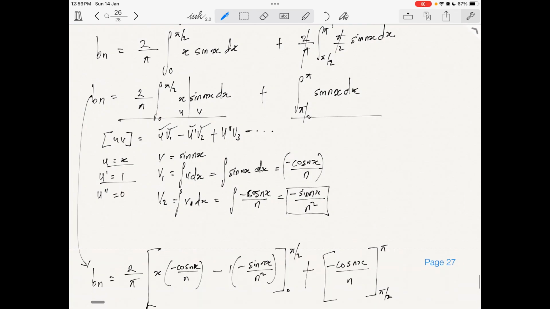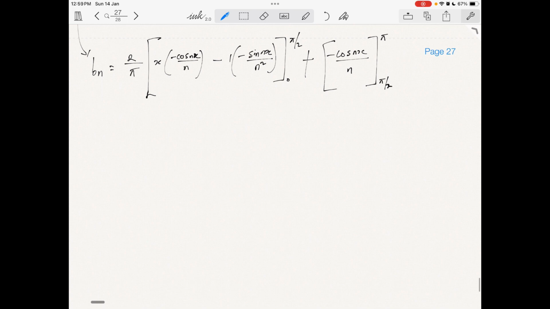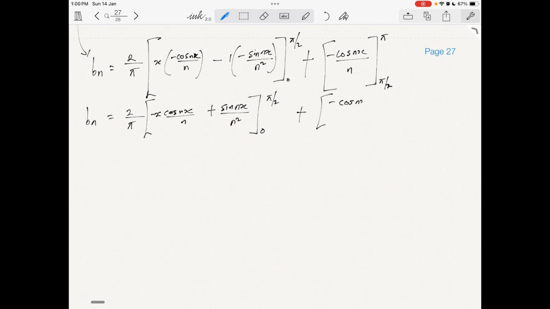So we can now continue solving by simplifying what is in the brackets. So we have minus x cos nx over n plus sine nx over n squared from 0 to pi over 2, plus minus cos nx over n from pi over 2 to pi. Now let's start with inputting the upper limit minus lower limit for the first part. So bn is 2 over pi.